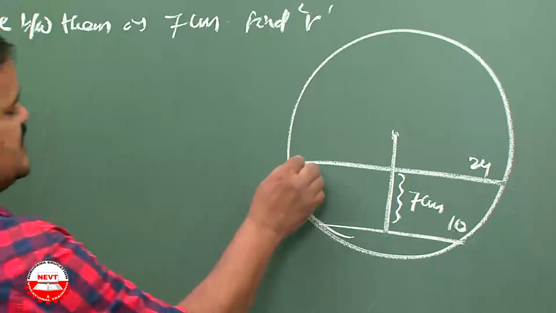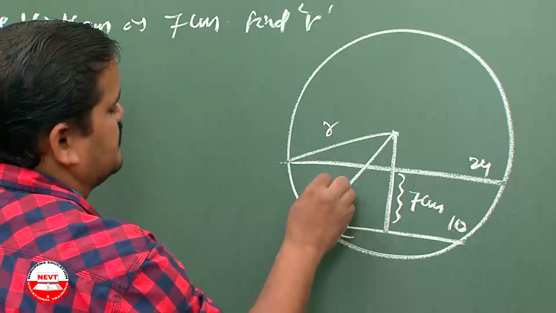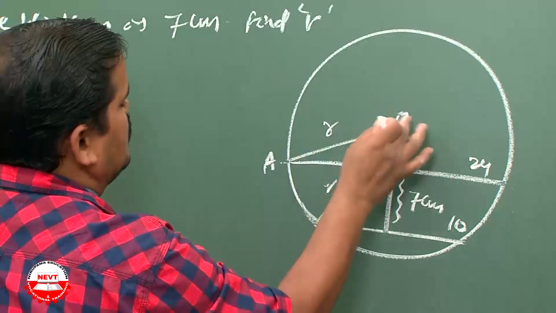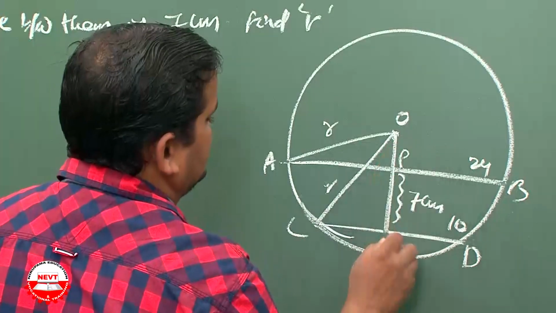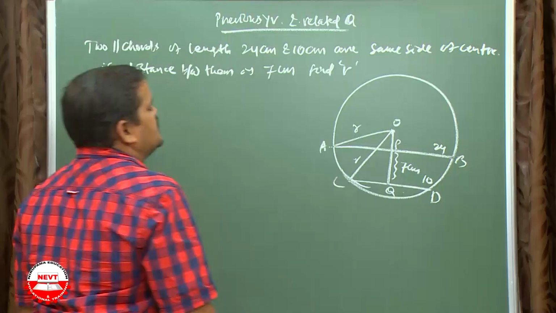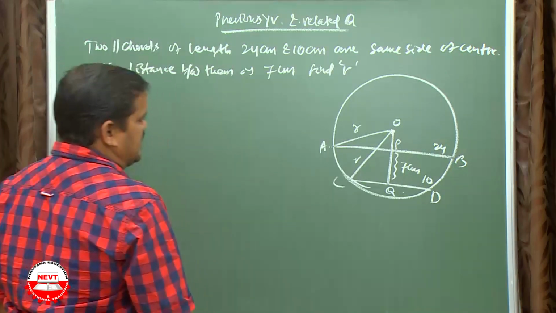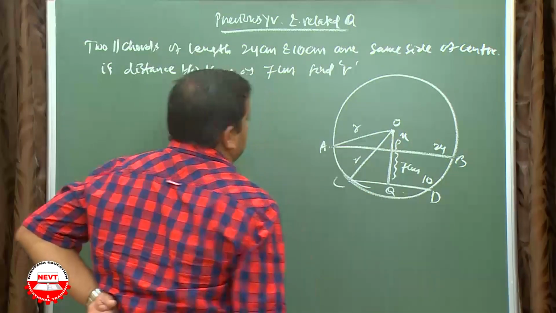Here we have A, B, C, D, P, Q, and O. Your aim is to find the radius. So how to find it? Let OP be equal to x.